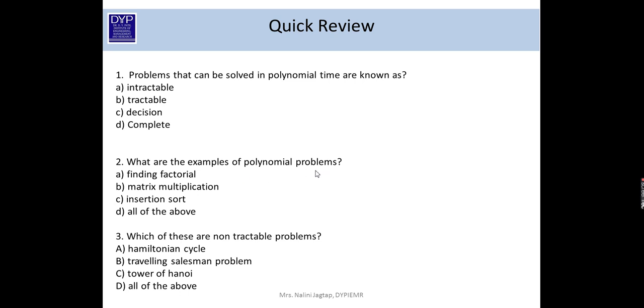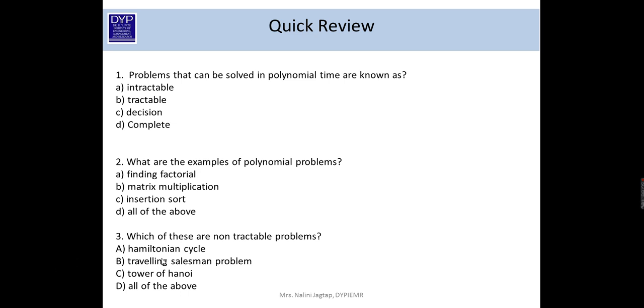The problems which are solved in polynomial time are polynomial problems. Finding a factorial is a polynomial problem. Matrix multiplication has time complexity n cube, so it is polynomial time. Insertion sort is n square, so it is also a polynomial problem. So the answer is all of the above.